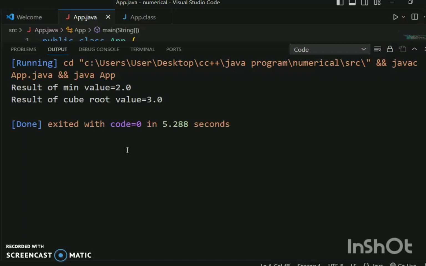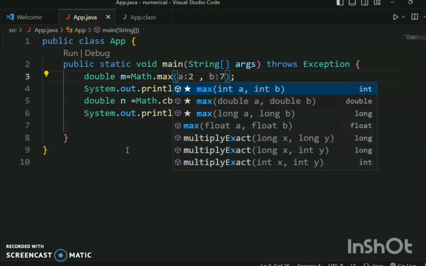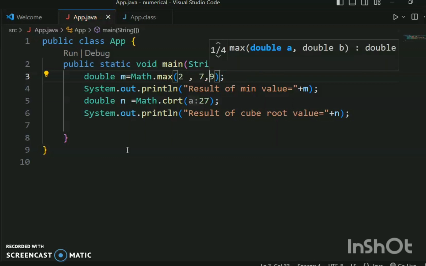Similarly, if we change to max value, what can I do? I write here max, max value, a and b, and I will give another value, 9. Sorry, it is not 9.